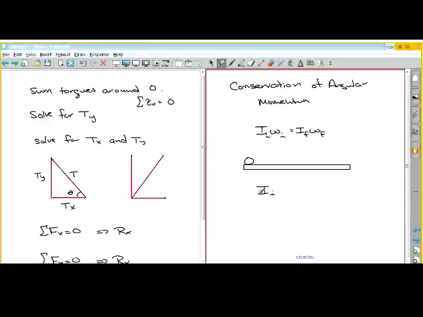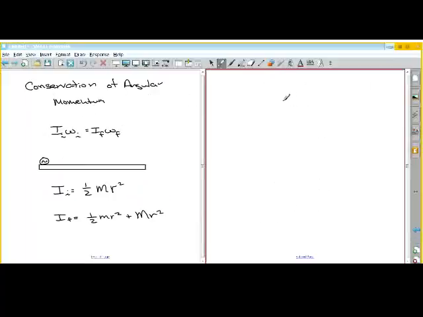So for the disk example, the initial moment of inertia would be equal to 1/2 the mass of the disk times the radius of the disk squared. Whereas the final moment of inertia would be the same moment of inertia of the disk, but you would have the mass of the person, or whatever this thing is, times r squared. So this gets bigger because this is the same, and then you add more, so the thing slows down.